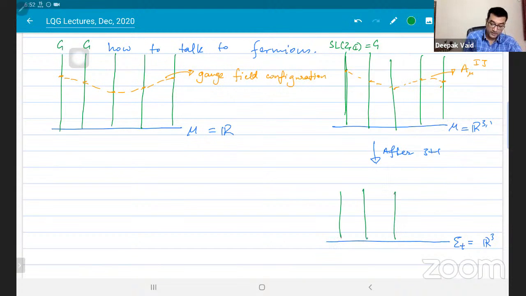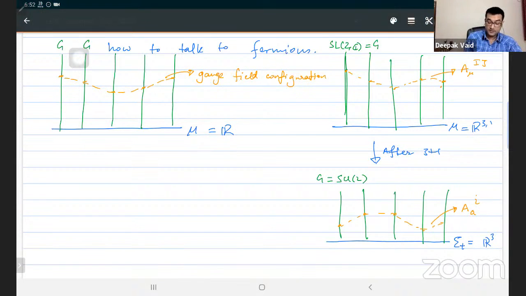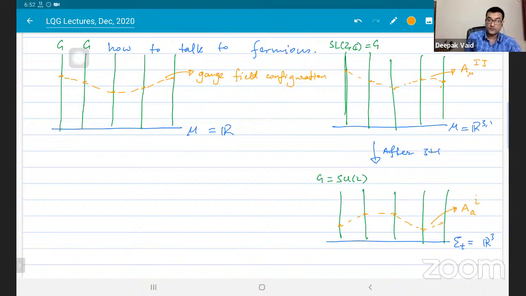Now our fibers at each point, our gauge group, will become SU2. And again, we will take some element of SU2 at each point, and we will write this as A, something like this, I. Now, A is the spatial index, and I is the Lie algebra index of SU2.